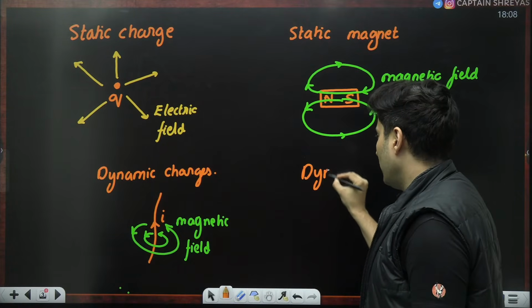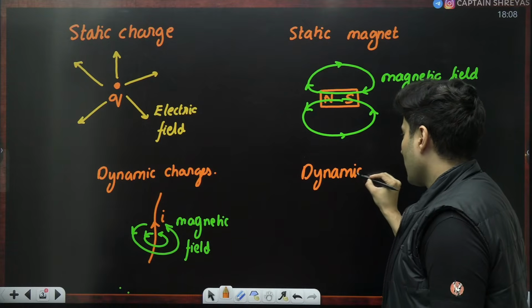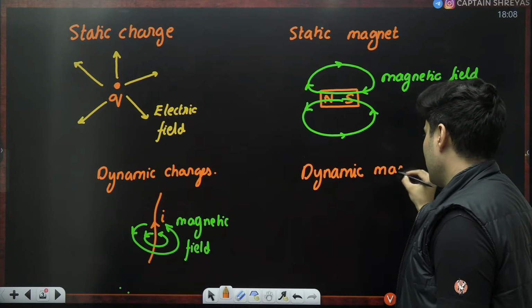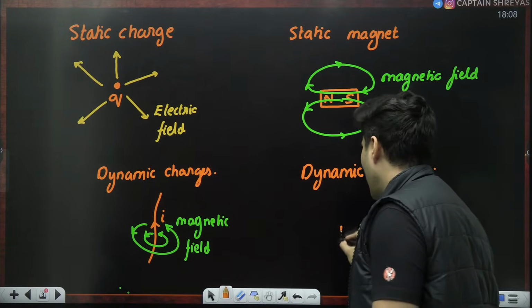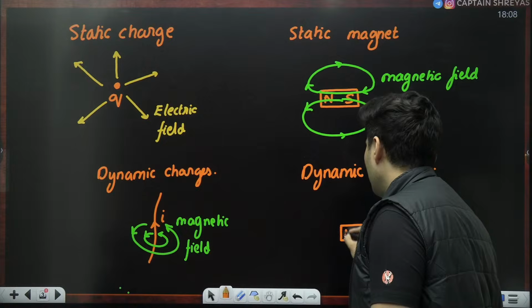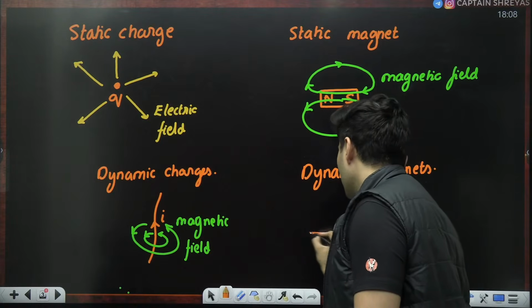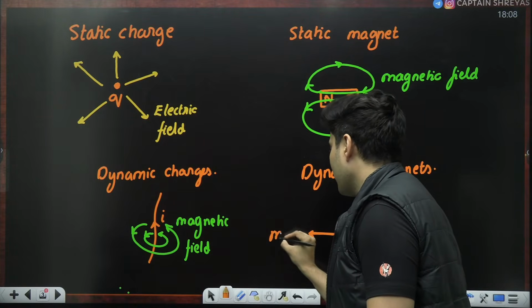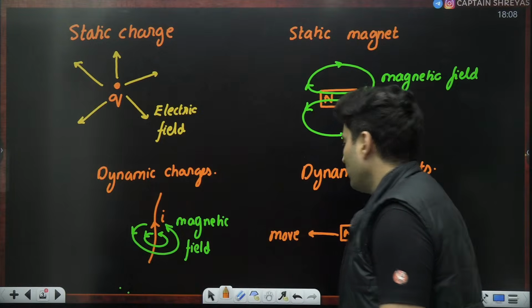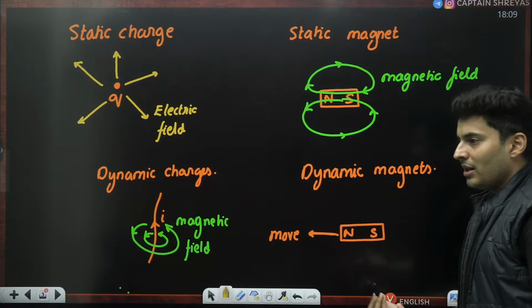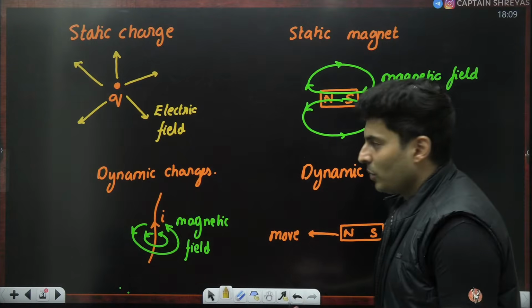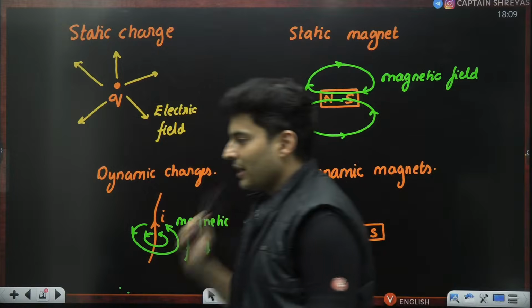We are talking about dynamic magnets. Dynamic means moving. So magnets under motion. So when that happens, what should it create?